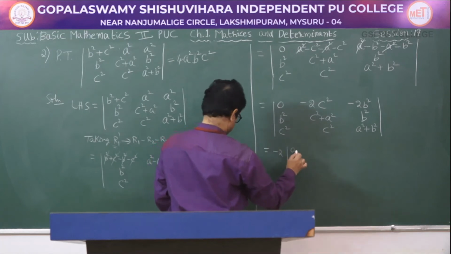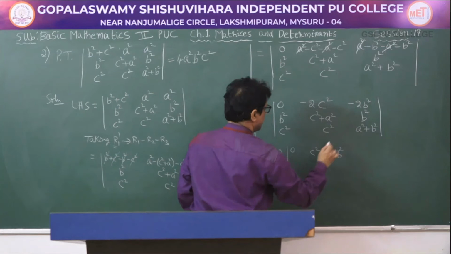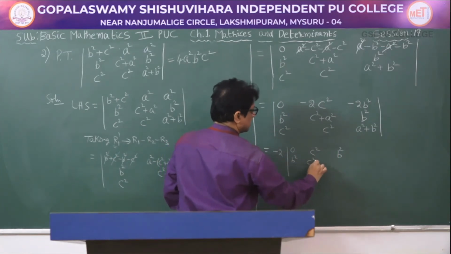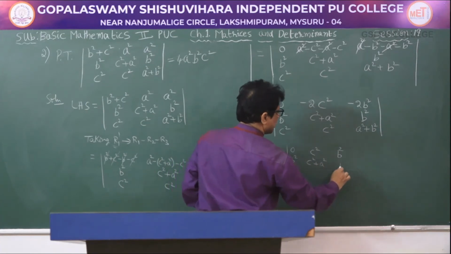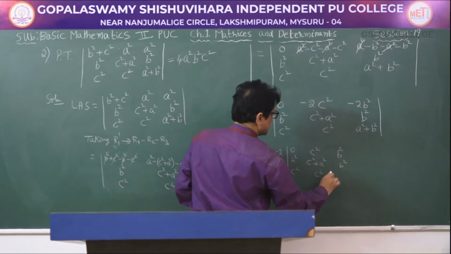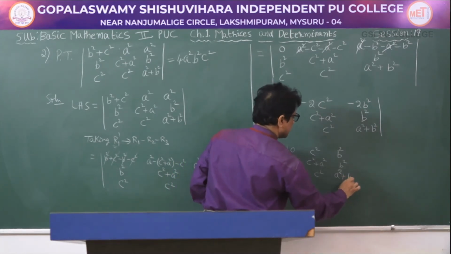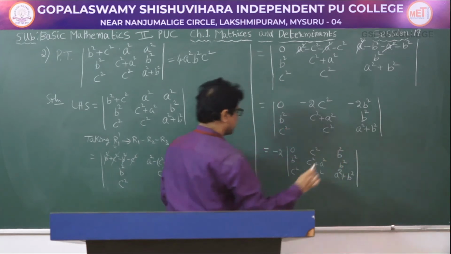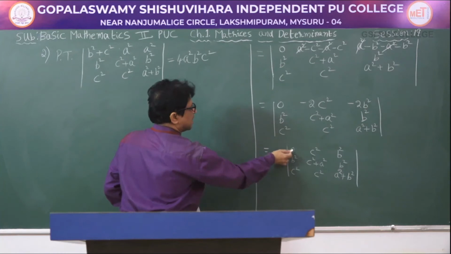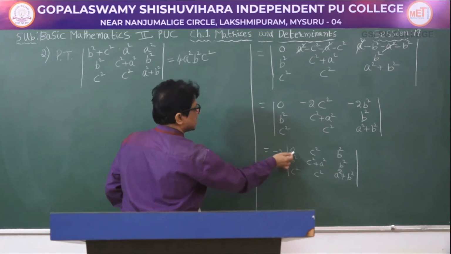So we have 0, C square, B square, B square, C square plus A square, B square, C square, C square, A square plus B square. Next operation is R2 dash is R2 minus R1 and R3 dash is R3 minus R1.